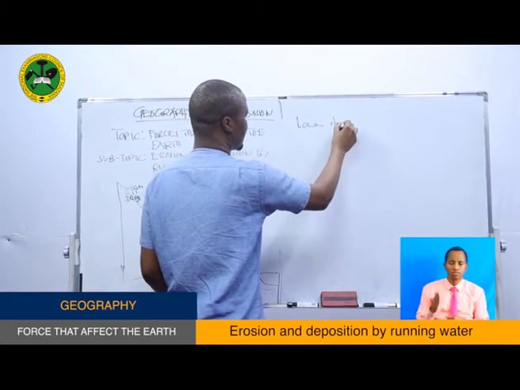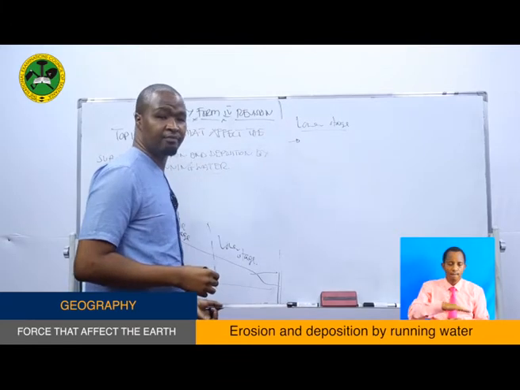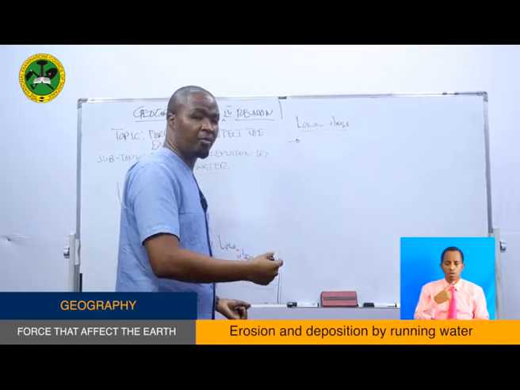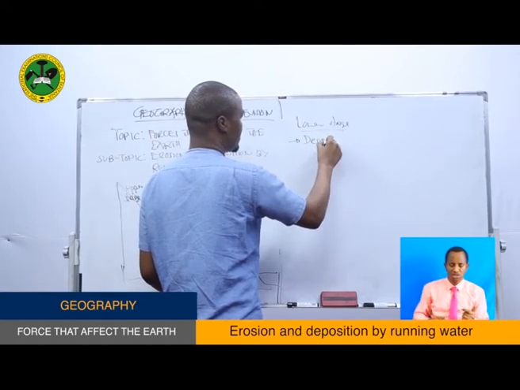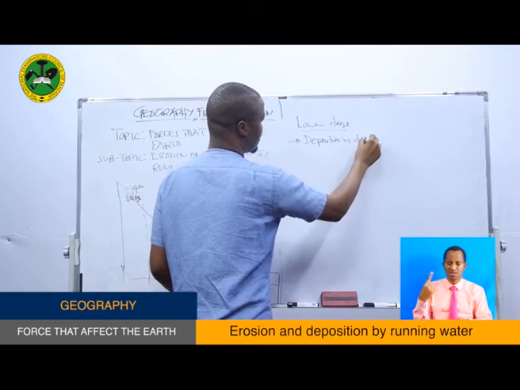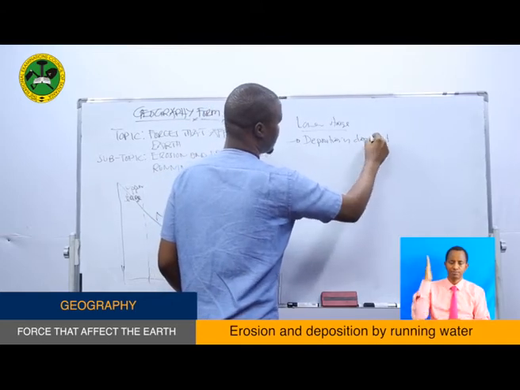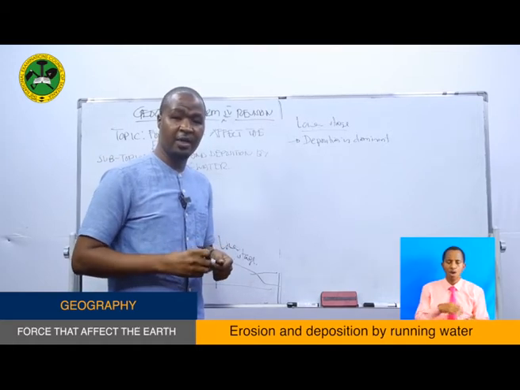Remember, at the upper stage, erosion is dominant. Right here, deposition is dominant. Why? Because the land right now is a gentle sloping area.